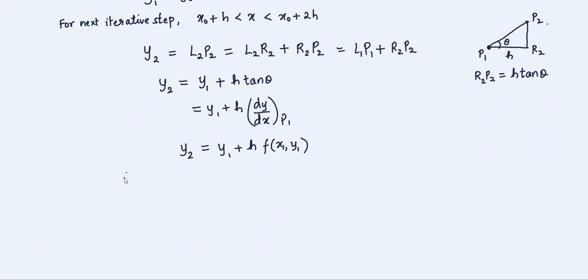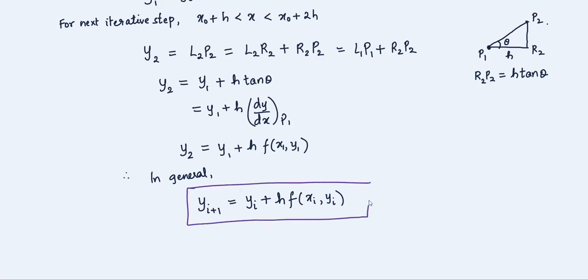Therefore, in general, for the nth step or ith step, yi plus 1 is equal to yi plus h times f of xi, yi. This is Euler's method of finding the solution.